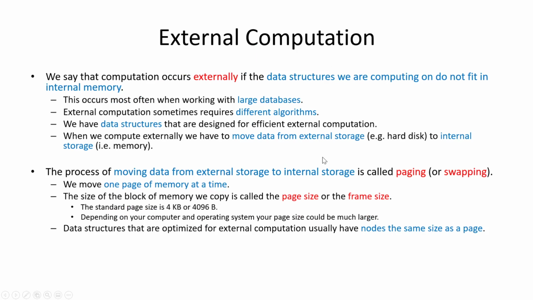Okay, so I've sort of been talking a little bit about a kind of computation that we call external computation. This is where the data structure that we're computing on will not fit inside of our internal memory. I mentioned this mostly happens when we're working in a large database, at least in modern times. And external computation will sometimes come up with different algorithms. Say we had a large list that couldn't be fit in memory and you need to sort it.